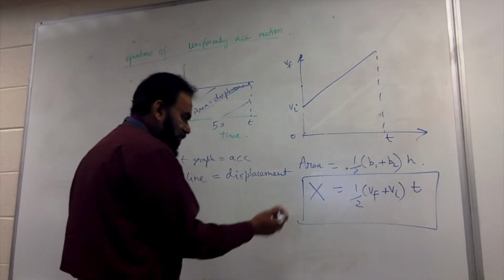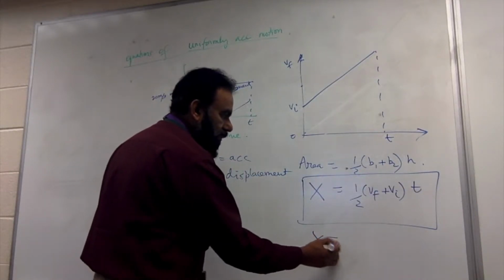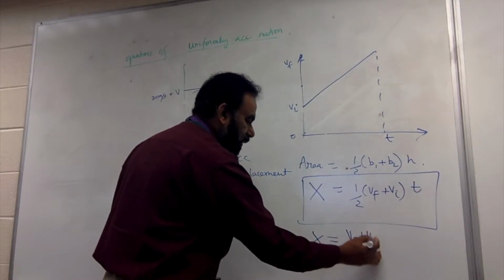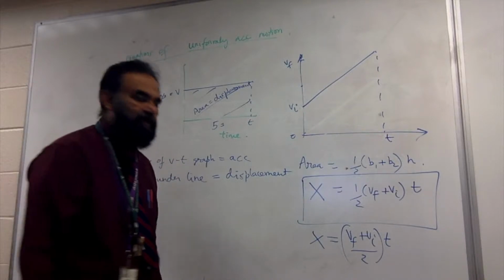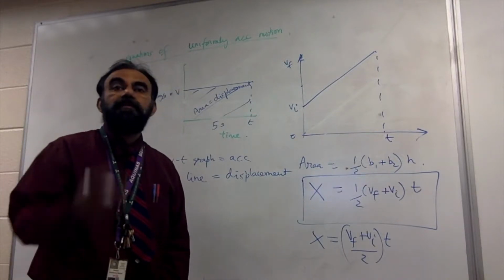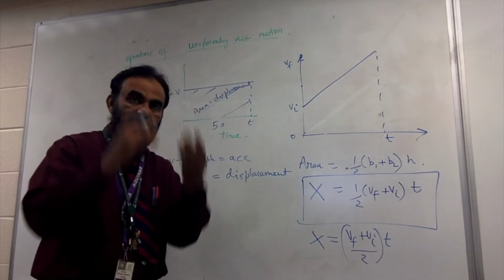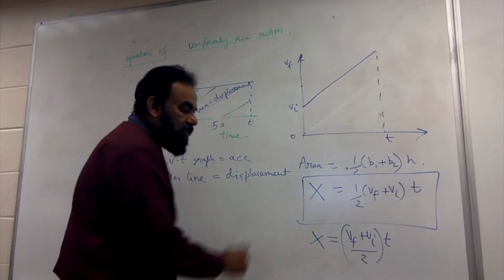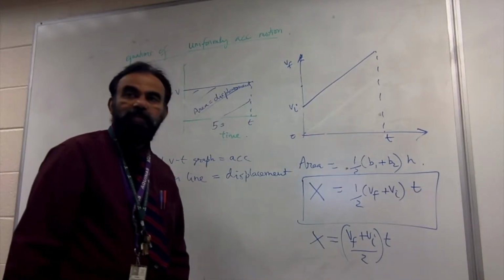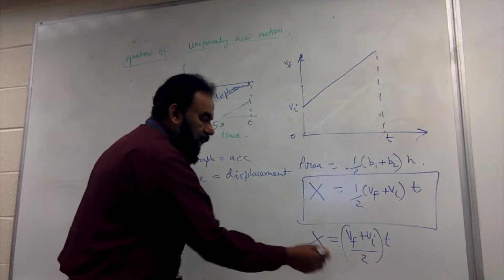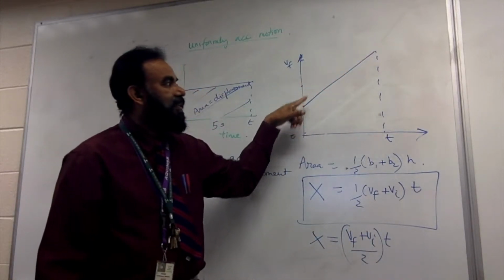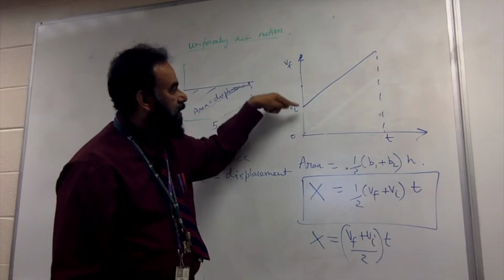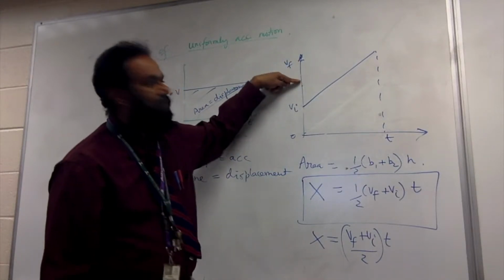In other words, X is equal to Vf plus Vi divided by 2 times time. And Vf plus Vi divided by 2: Vf is here, Vi is here, divided by 2. So what is this plus this divided by 2?